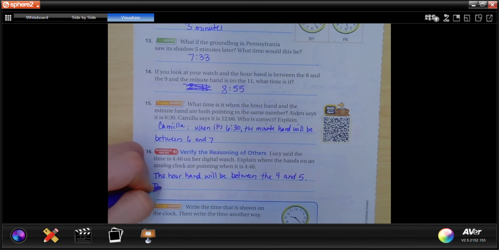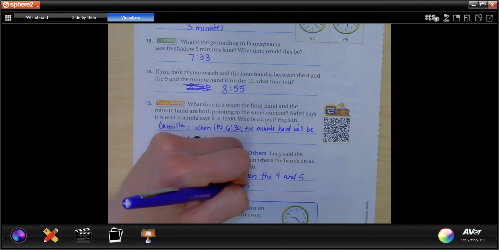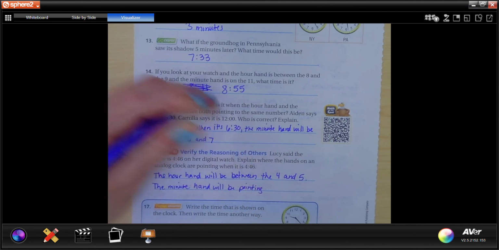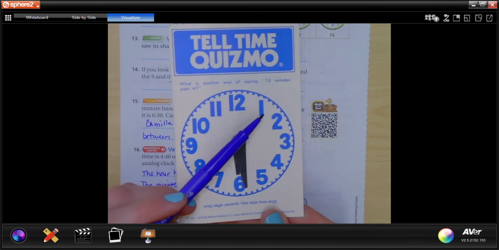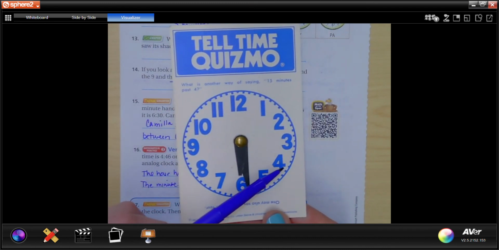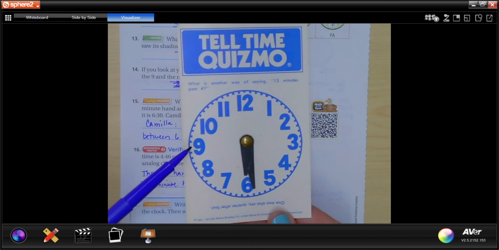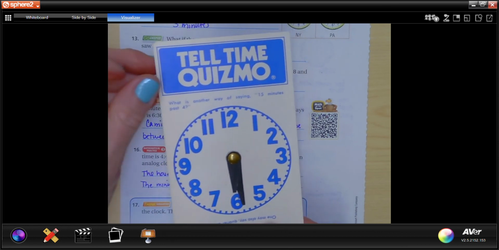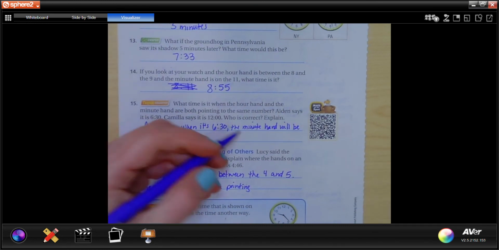The minute hand will be pointing where? If it's 46, let's count by fives. 5, 10, 15, 20, 25, 30, 35, 40, 45. One more. So one mark past the 9.